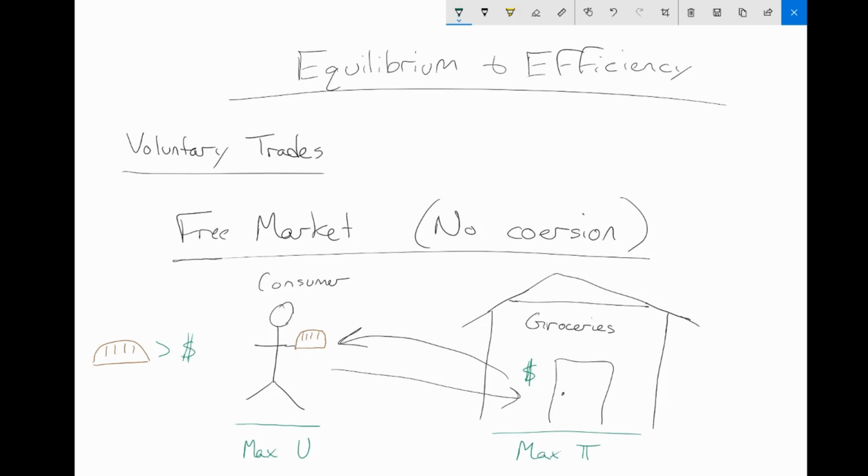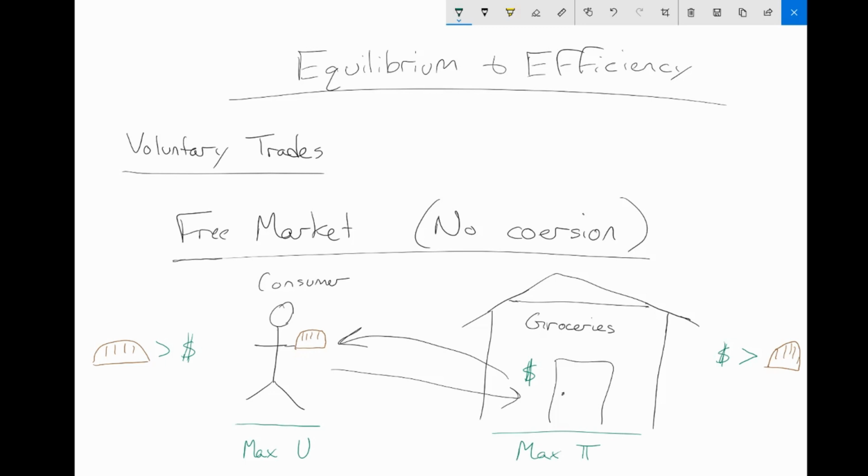It puts a higher value on the money that it gets for the loaf of bread than it does on the loaf of bread itself. The grocery store would rather have the money than that loaf of bread.